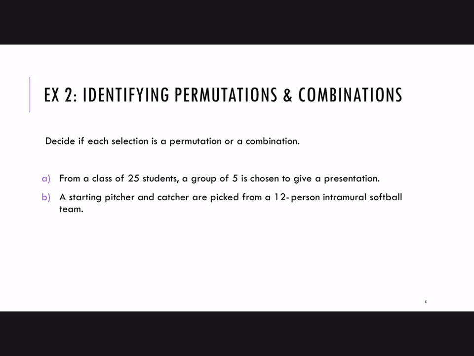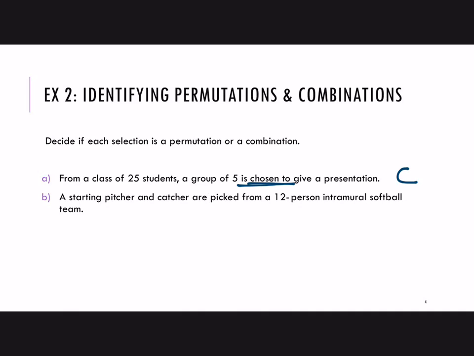Alright, so let's practice. Decide whether or not each of these selections is a permutation or a combination. In A, from a class of 25 students, a group of 5 is chosen to give a presentation. Well that one is a combination. We're choosing a group of 5 out of 25, but it doesn't mention anything about an order or an arrangement of those people.